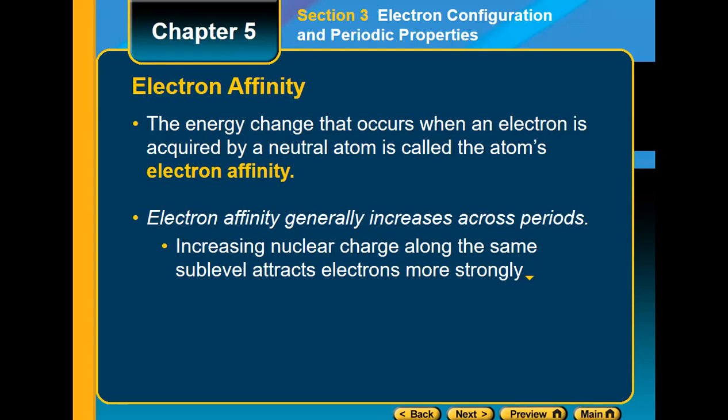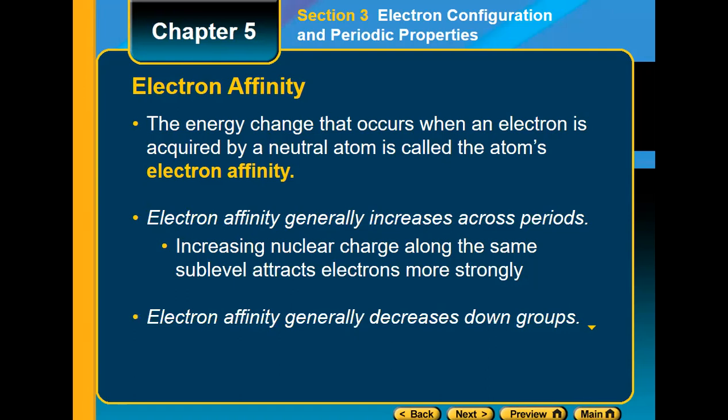Also, electron affinity decreases as we move down, because the distance between the nucleus and the outermost energy level becomes longer. It means the attraction force of the nucleus is not that strong, so it will not be as able to gain more electrons.